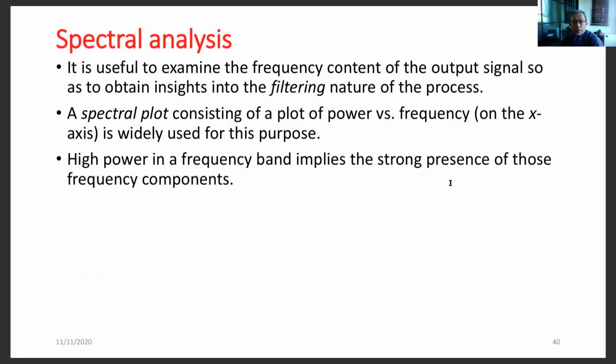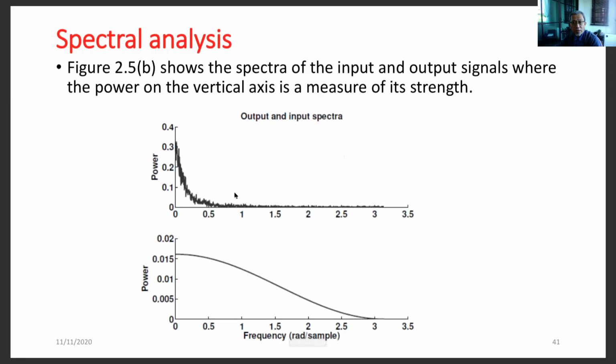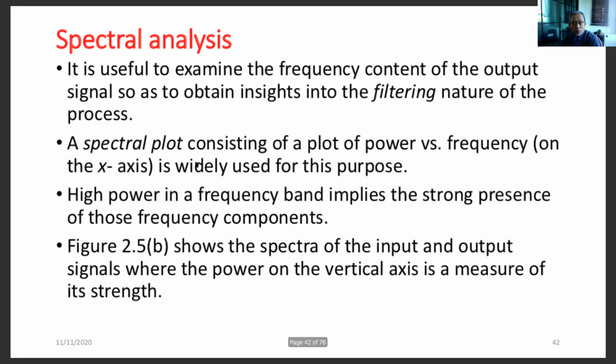So we use spectral analysis, which is a plot of power versus frequency, to monitor the frequency band and the presence of the frequency components. Okay, so this is the power spectrum for the PRBS, and this one is the power spectrum for the output. You can see the strength, which gives the maximum amplitude in power.